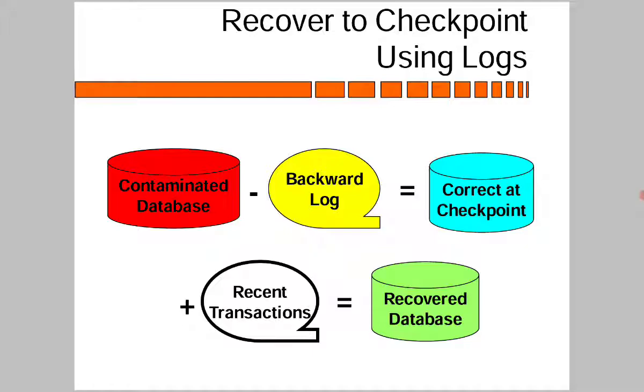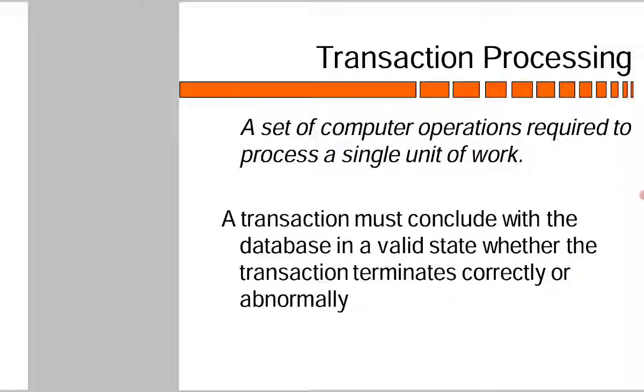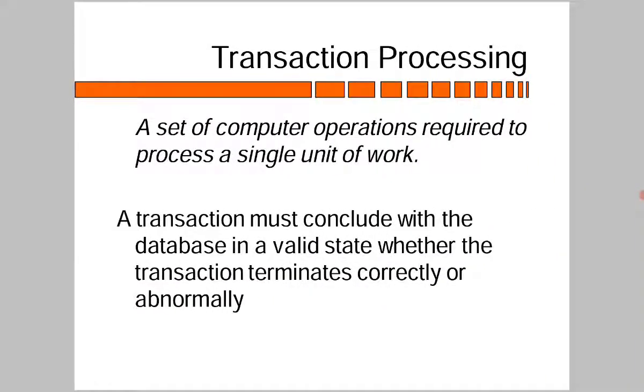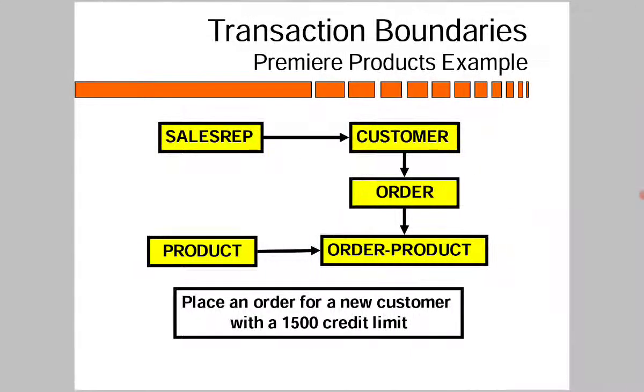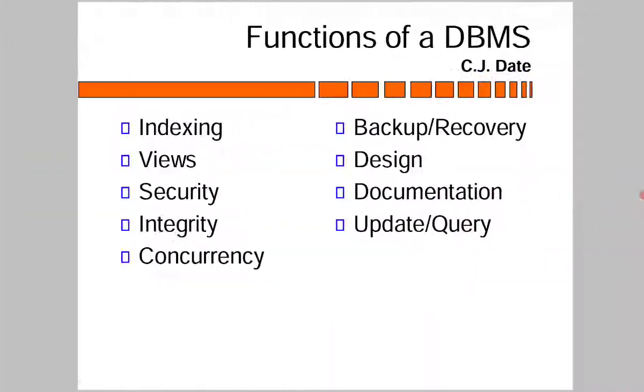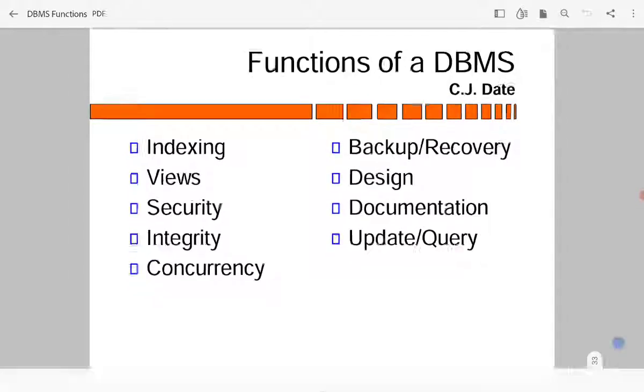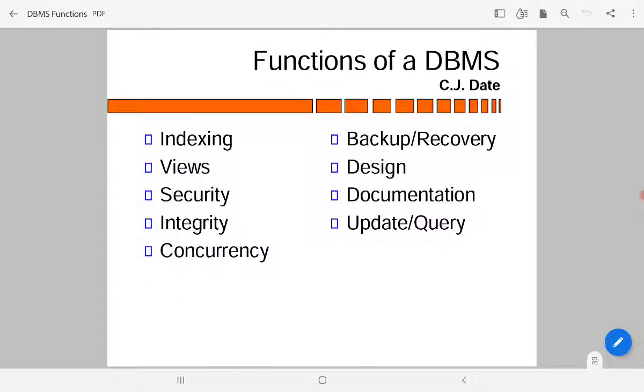Checkpoint means major transactions are recorded with some date stamp. So we may recover the database to its original state by using checkpoints. So all these are the major functions or functionalities of DBMS.